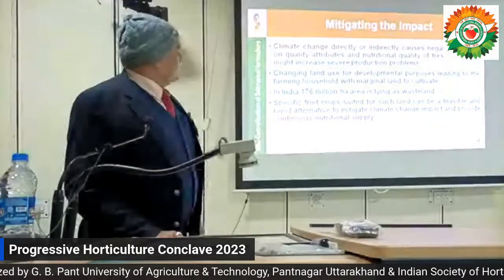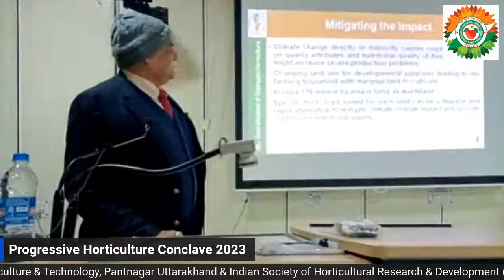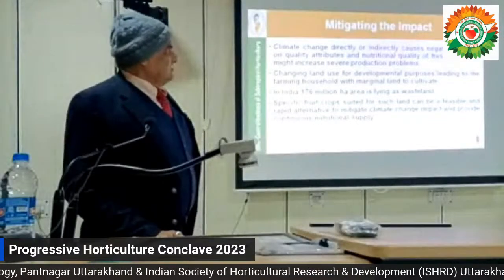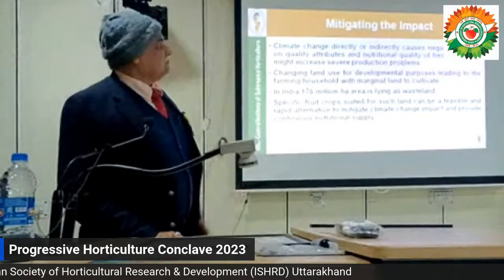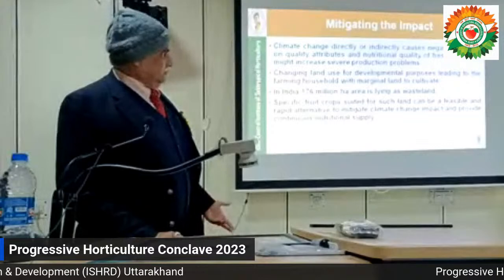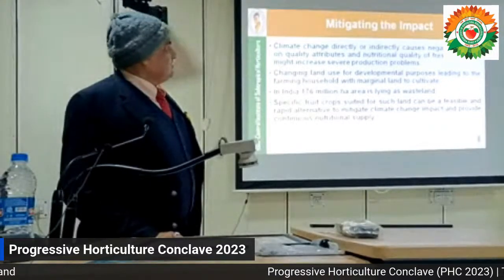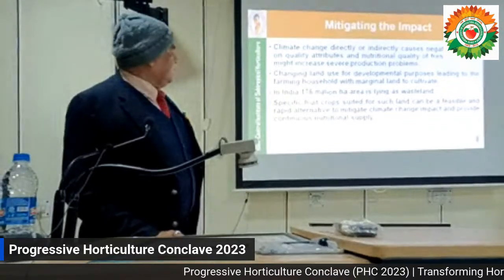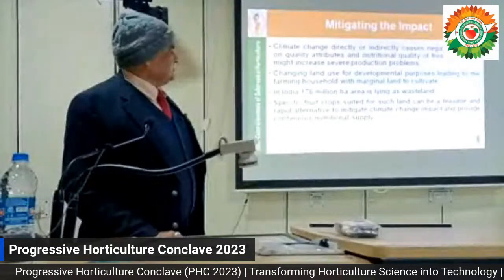In India, around 176 million hectares of area is lying as wasteland, which in future we are going to cultivate, particularly with food crops, because we are not going to get good land because of population pressure. So specific food crops suited to such land can be a feasible and rapid alternative to mitigate climate change impact and provide continuous nutritional supply.